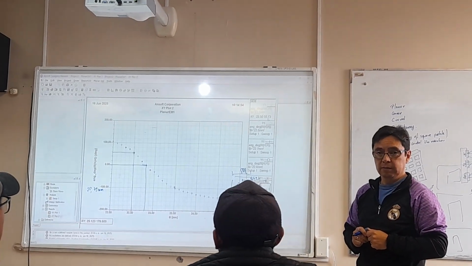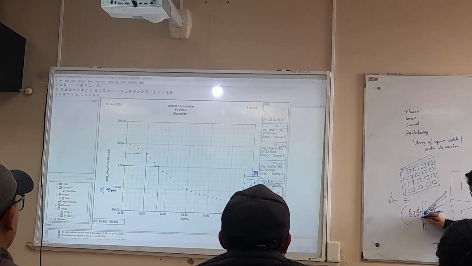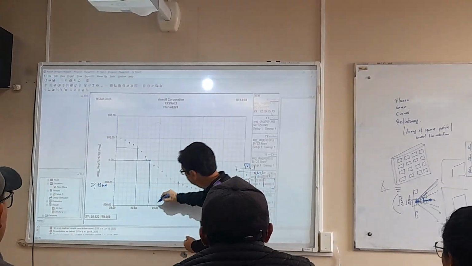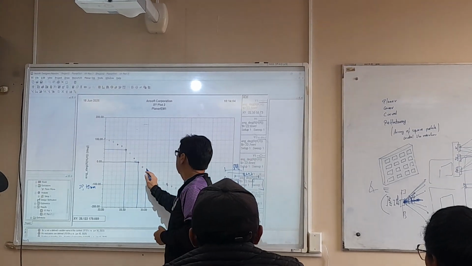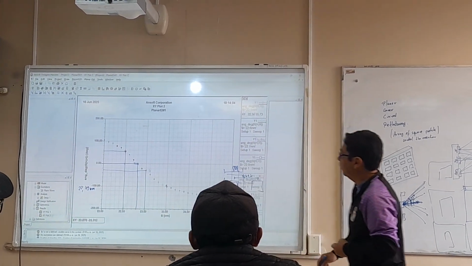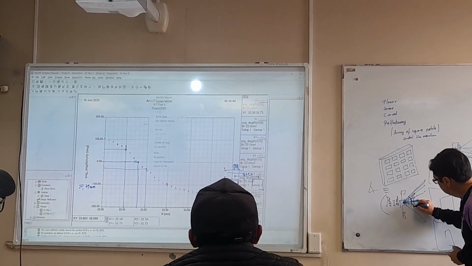What happens if we increase the size? If we increase the size to, for example, 23, the angle will be 25 degrees, 30 degrees, but on the other side.